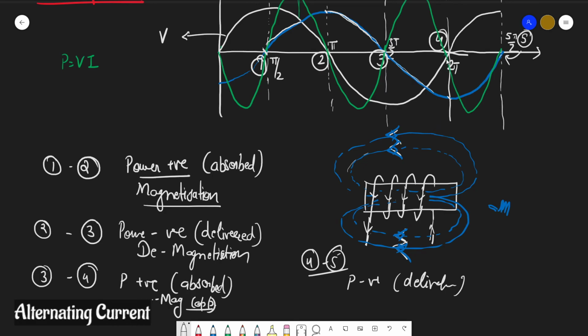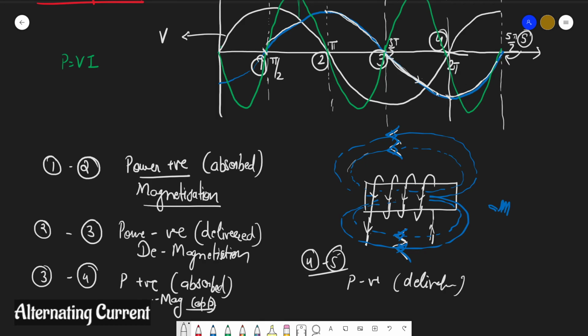As compared to the previous state, the coil was magnetizing in the opposite direction due to the increase in current in the reverse direction. Now the current is going back to 0 again.